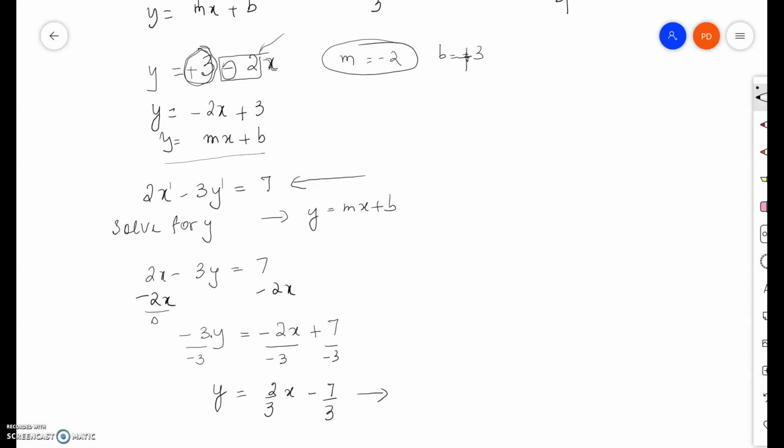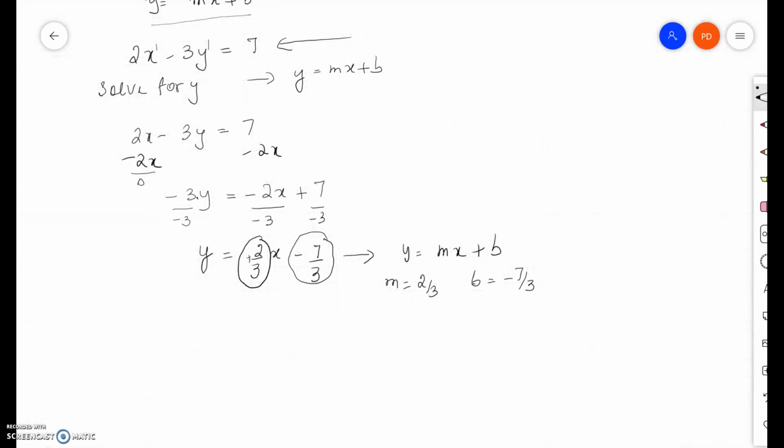Now compare it to y equals mx plus b. Note that the number multiplied to x, including the sign, and in this case it's a positive sign, equals 2/3, and the other number is the y-intercept b. Y-intercept is the point where the graph of the line crosses the y-axis.